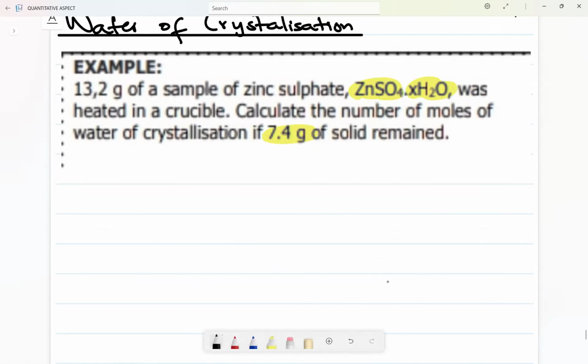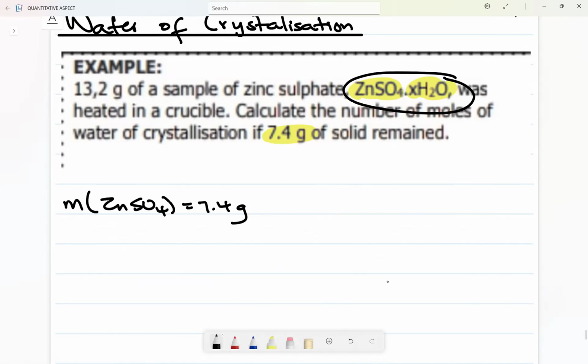Okay, then we're going to say we know the mass of zinc sulfate. It is equal to 7.4 grams. Okay, but the total mass of this whole part, it is how much? It is 13.2.